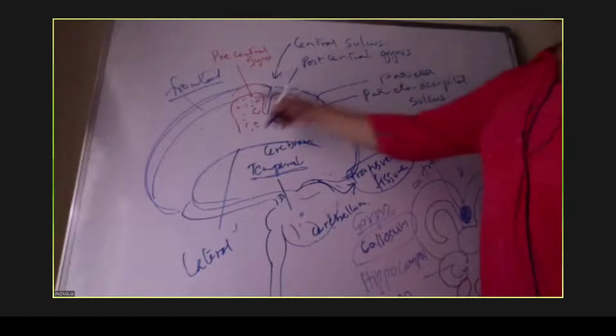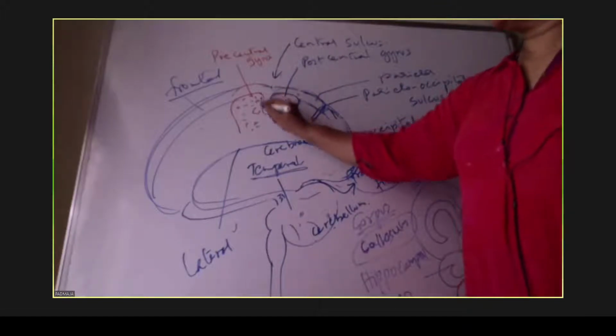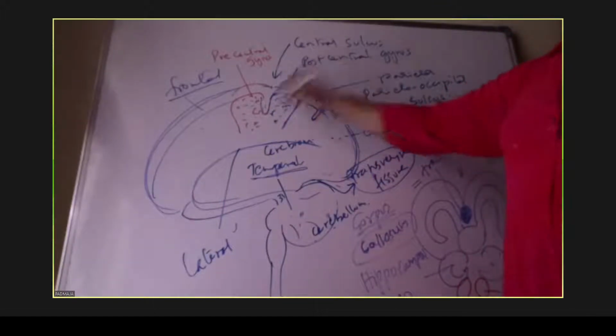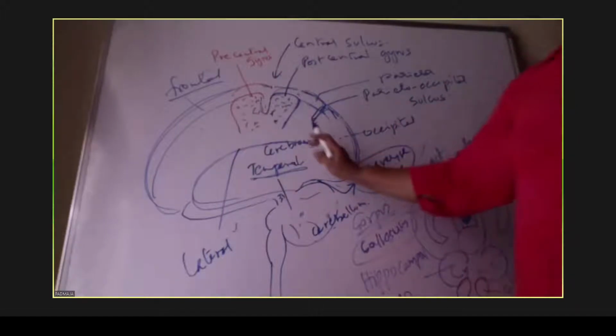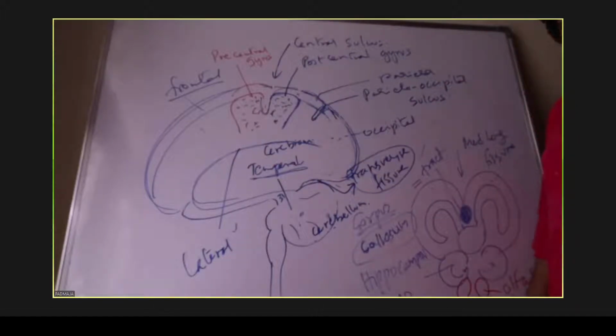In between the two gyri is the sulcus: the central sulcus, dividing the frontal lobe from the parietal lobe.